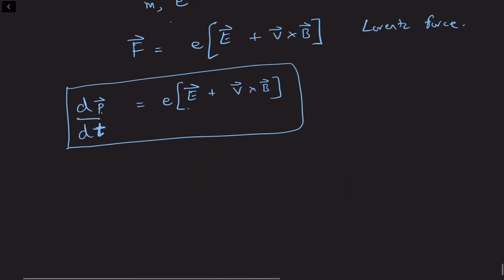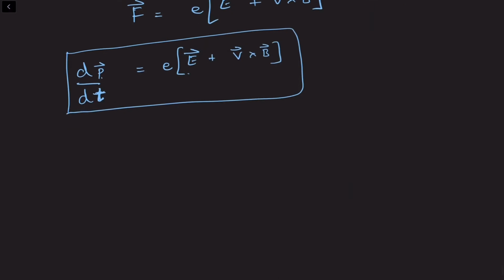Now, we can ask, is this law consistent with special relativity? And again, we can write this using tensors and 4-vectors, and you can check that you can write this law in the form dp^mu/d tau is equal to e u_alpha F^{alpha mu}.